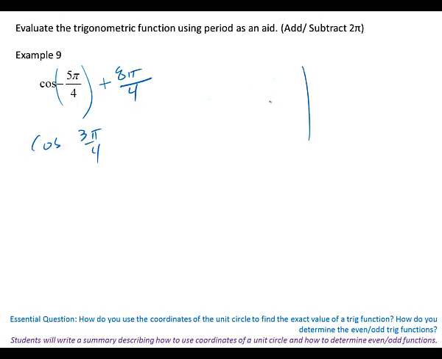All right, what quadrant is that in? 2. And what are the coordinates right there? Negative square root of 2 over 2, square root of 2 over 2. Good. All right, so what is the cosine? The x value. Good. What is the x value in that case? Negative square root of 2 over 2. Perfect. Okay. If they asked us for the secant or the cosecant, obviously you flip it and rationalize.